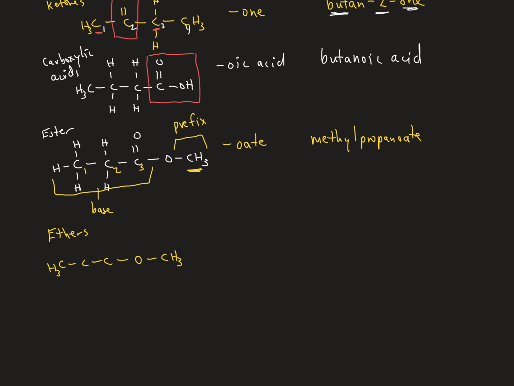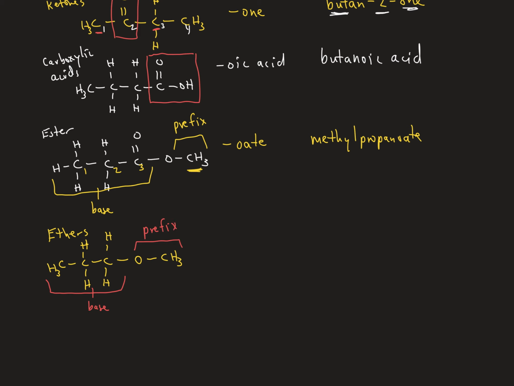And we name ethers similar to how we name esters. We basically break the molecule up into 2 parts. So the base name is a little bit different here. The base name comes from the longest part. So there would be our base name. There's no special ending that we add. And then our prefix comes from the shorter part. But we include the oxygen.